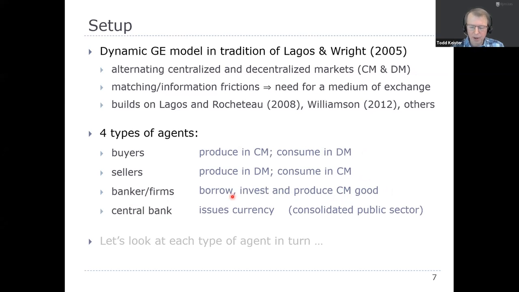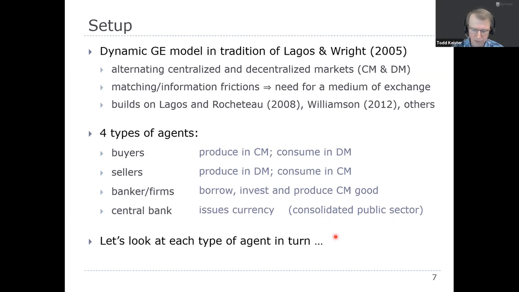And they're going to borrow by issuing deposits. And those deposits can be used by some buyers as a medium of exchange. That's what makes them a banker and not just a firm. And then the last agent is the central bank, which is going to issue currency. And there are going to be fiscal implications of these actions. I should emphasize when I say central bank, I really mean the consolidated public sector as a whole.